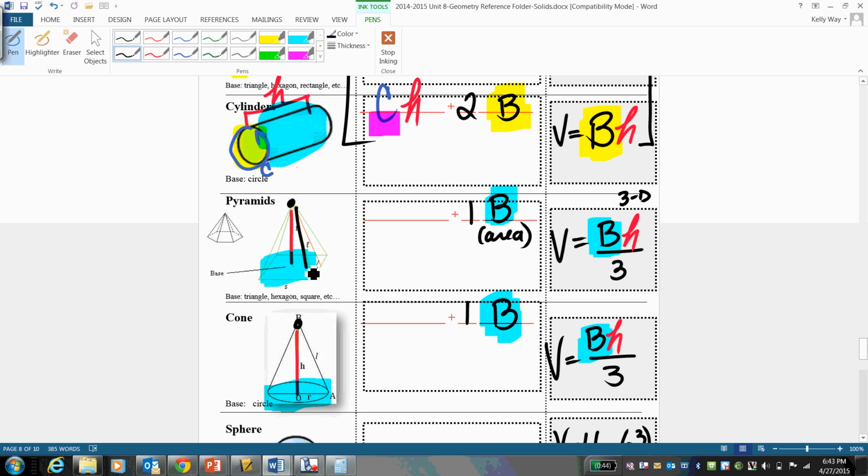Now, to get your triangle lateral areas, you find the perimeter times that slant height. And it's over 2, because area is 2 dimensions. This one, we find the circumference times the slant height over 2.